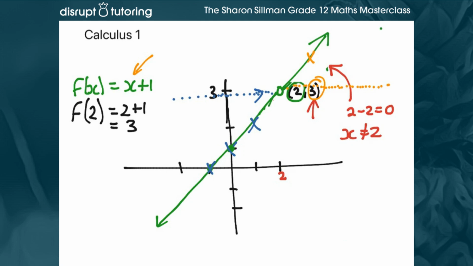We can get closer and closer and closer to 2, and therefore we are getting closer and closer and closer to the 3 as the y value, but we can't ever reach it because of that hole in the function. So I hope that's given you a better idea at the moment of what a limit is, as opposed to when we were looking at the definition.